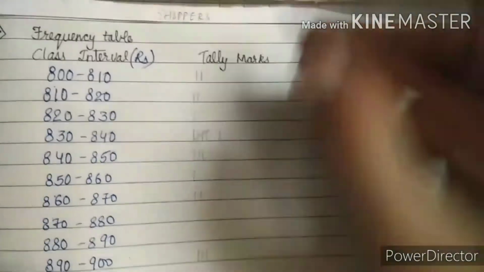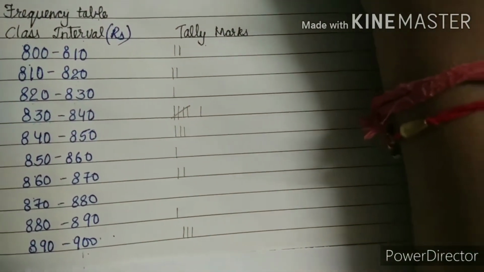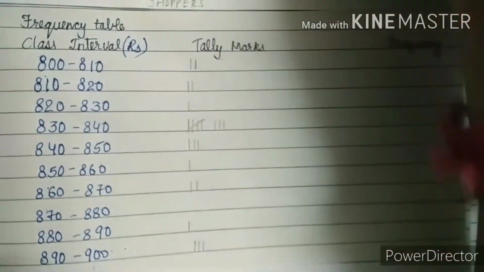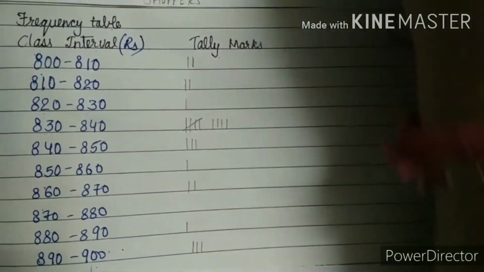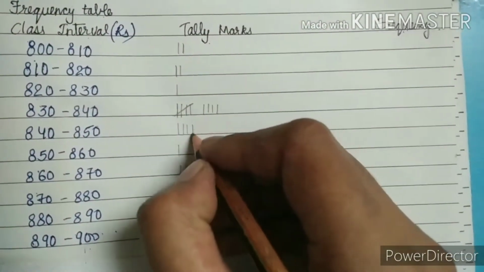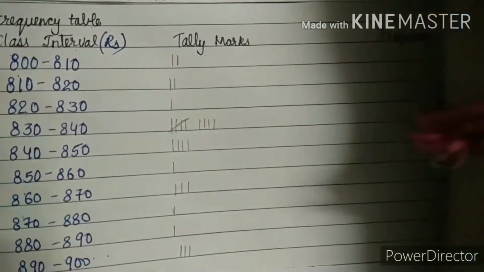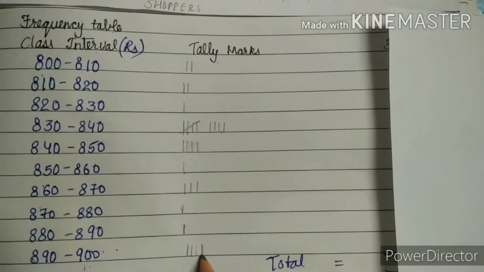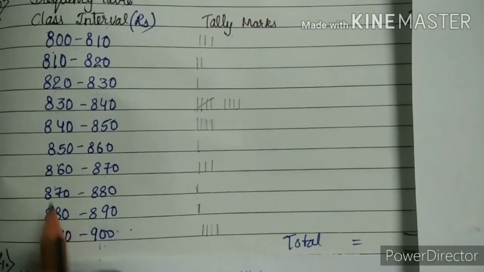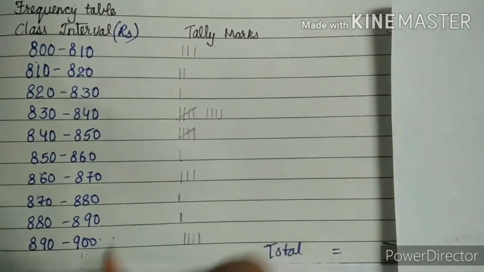Then 885, then 885, 835, 835, 836, 838, 840, 868, 869, 890. Now 806, then 840. Now 840 will come here. Here four lines are already drawn, then the fifth one will come in this form.